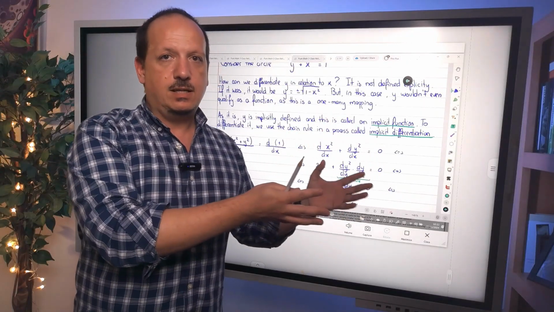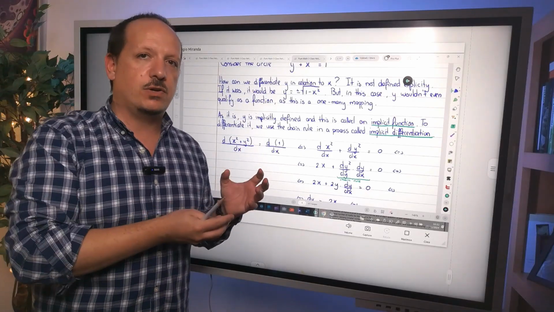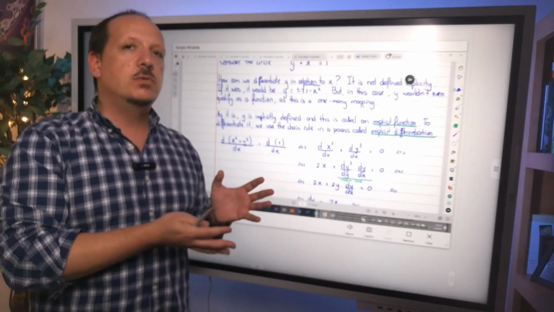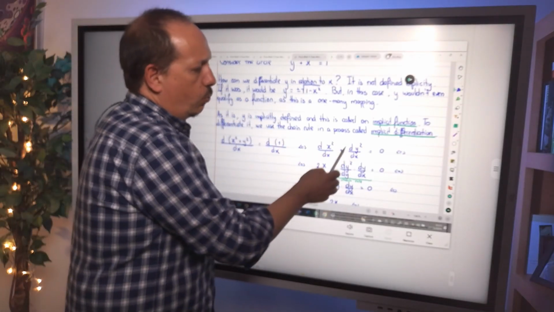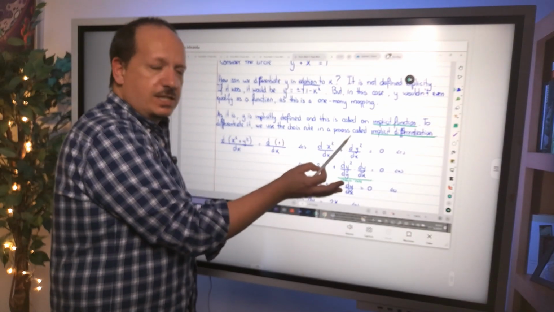All right? You want an expression for all possible gradients of y in terms of x. So dy by dx equals something. That's your ultimate goal. All right? Keep that in mind.